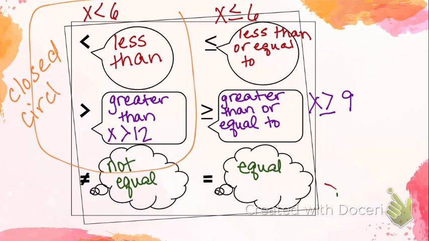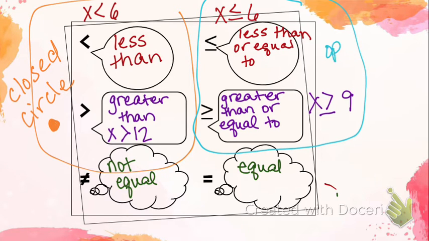That means when we write it, we take a circle and we fill it in. These over here on the right are an open circle. That means we do not fill it in, okay? We leave it open and not filled in the middle.